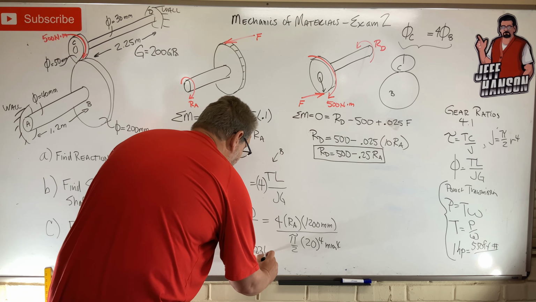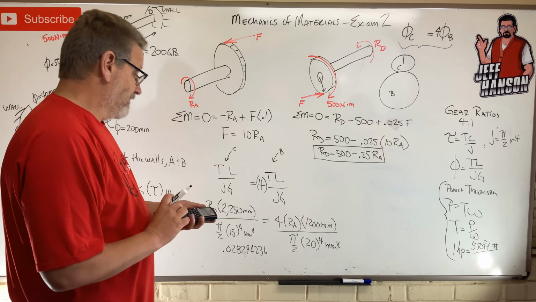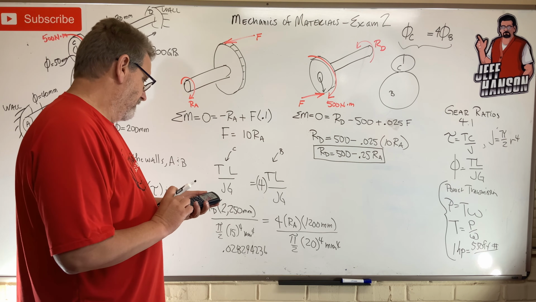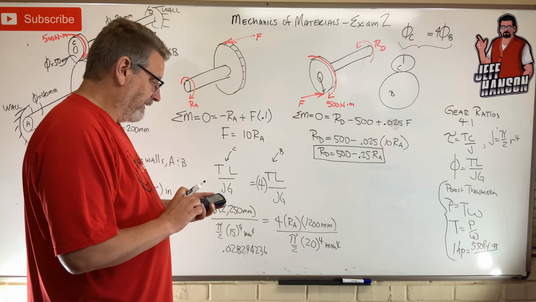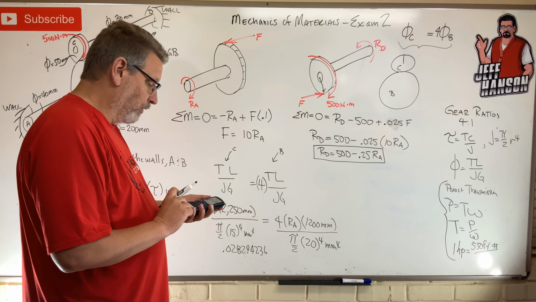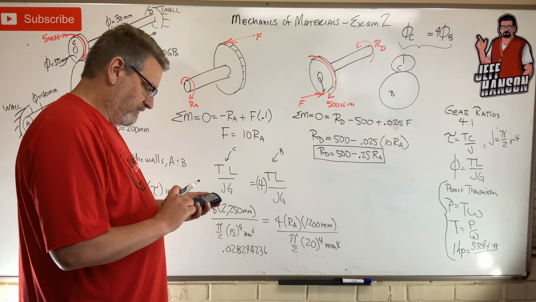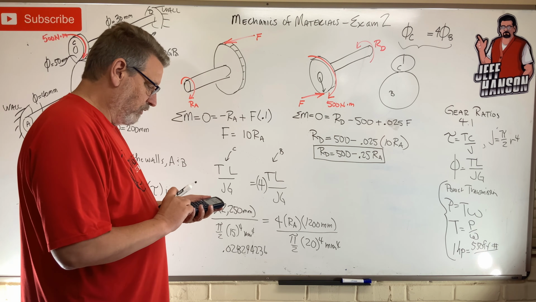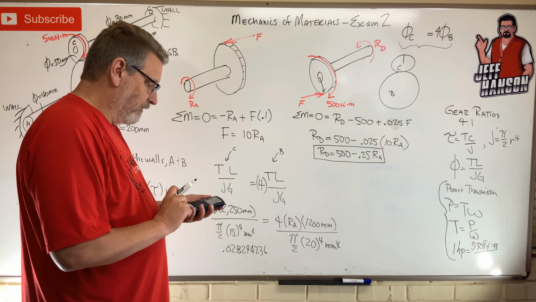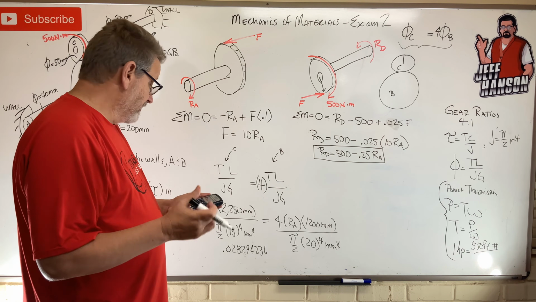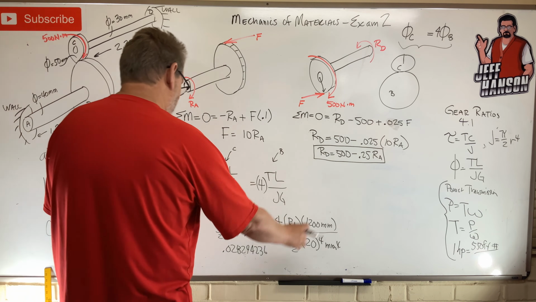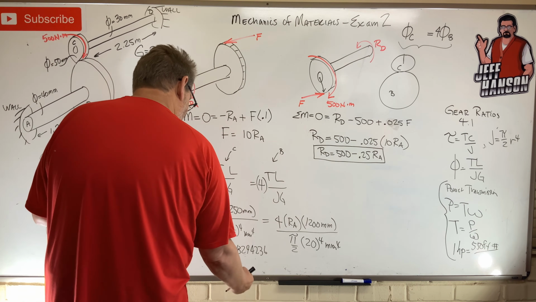I'm going to put them all in there, okay? Now let me do that side over there. 4 times 1,200 divided by 20 to the 4th power, times 2, divided by 3.14159, equals 0.019. Okay, I'm going to take that number and divide it into that number.